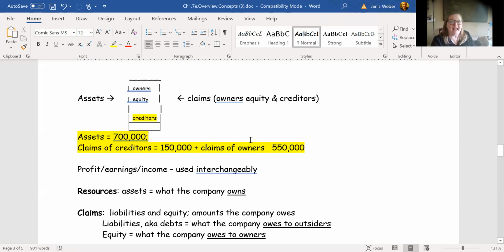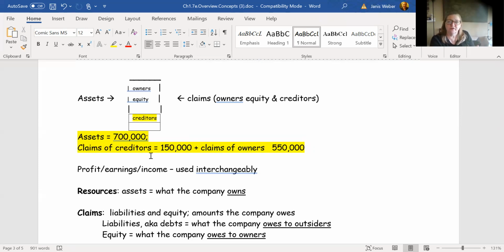And then everything else that the company owns, the owners have a claim on. So when you have assets of 700,000, if the creditors are owed 150, that means the owners have a valuation of the remaining 550.